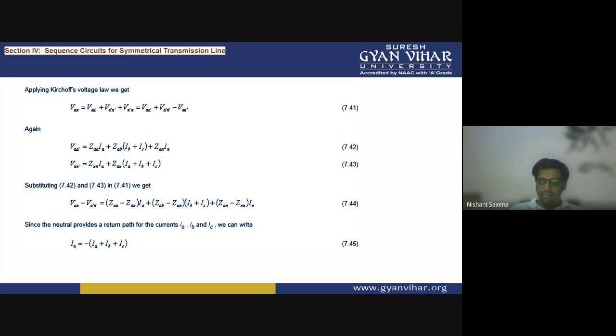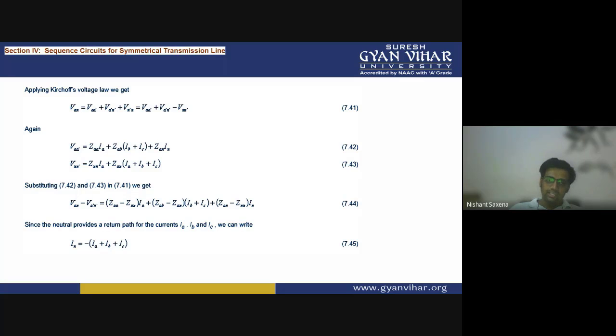Now, if we rewrite this equation, I can identify that VAA dash is equal to ZAA IA plus ZAB into IB plus IC, and ZAN into IN. We have applied KVL for the VAA dash.